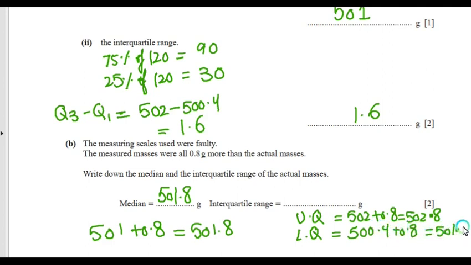The interquartile range, we know that the mass for 75% is 502, the upper quartile, and the lower quartile was 500.4. So this time the upper quartile will be 502 plus 0.8, it will be 502.8, right?